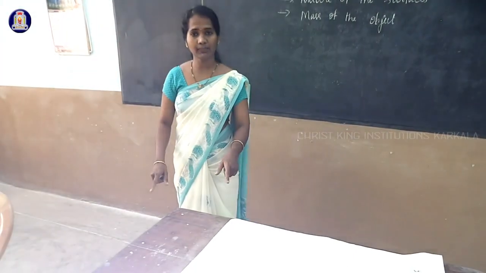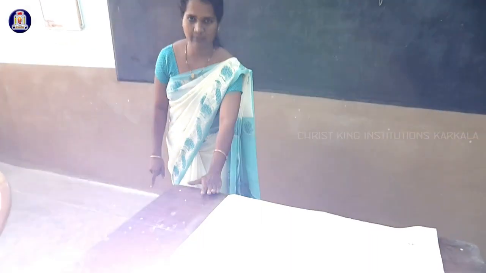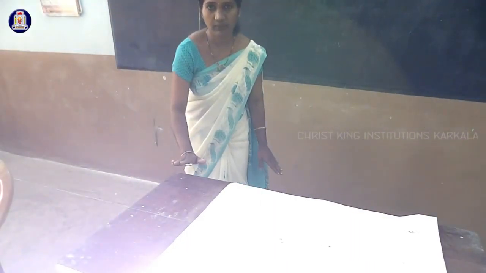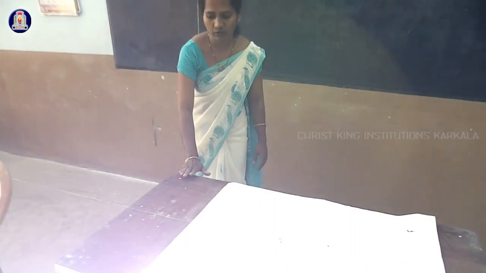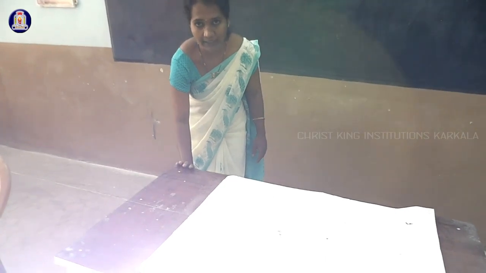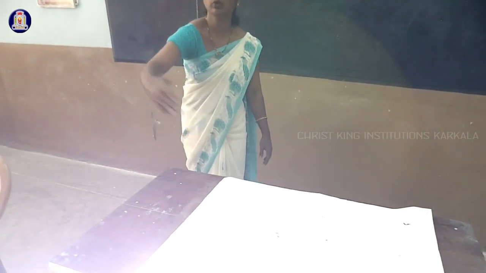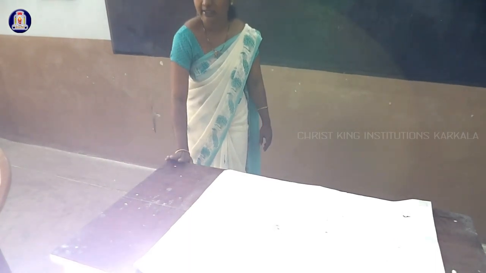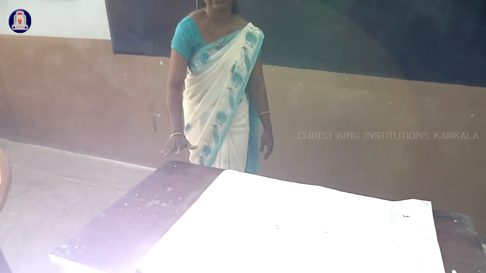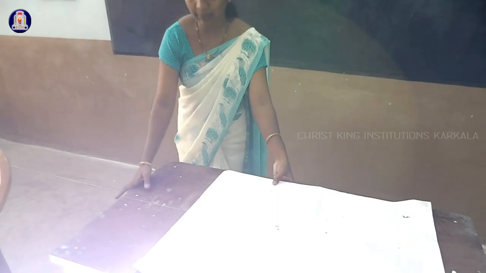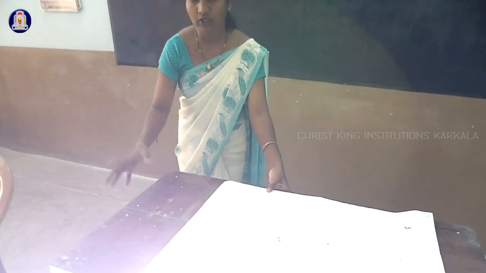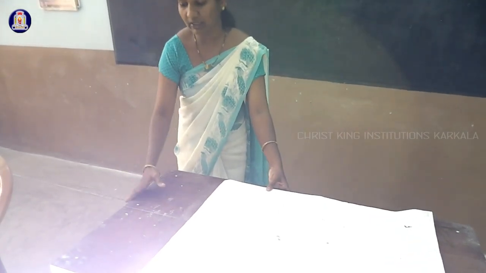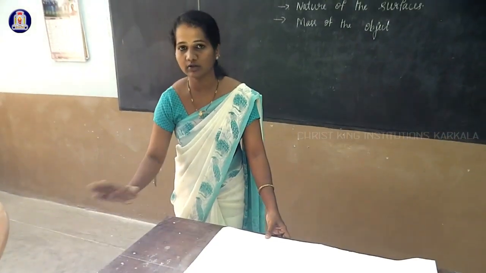But if I apply the same force on this table, if I push this table by applying force, does the table move a longer distance? It is not moving for a longer distance. Why? Because the table has more mass, so the friction between this table and the ground is more.